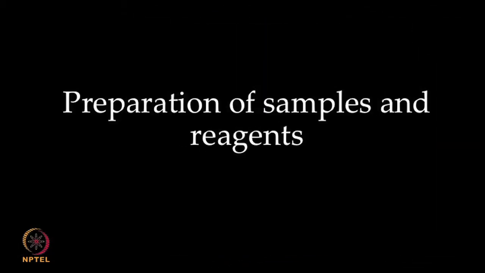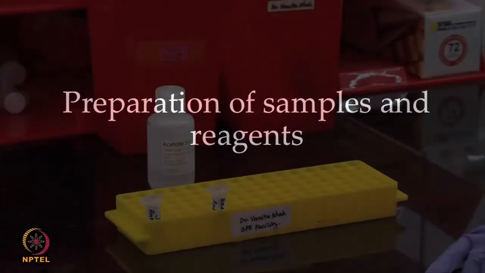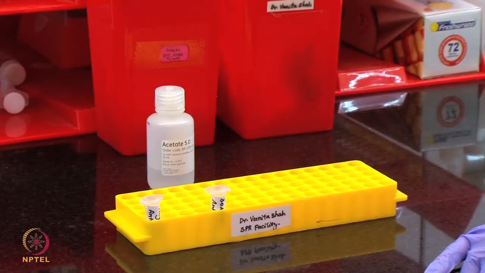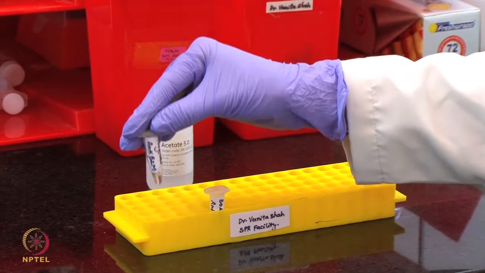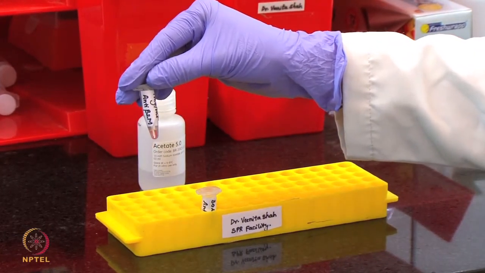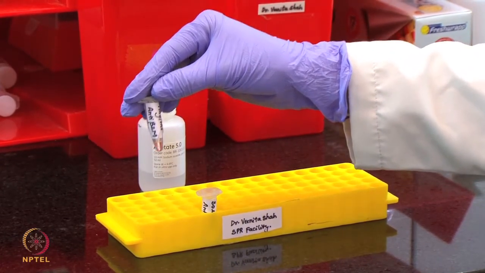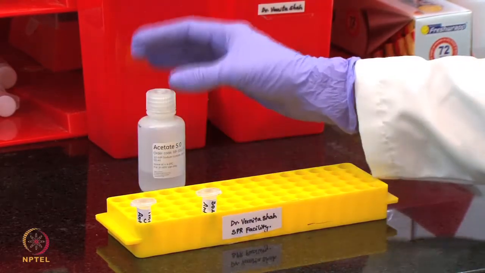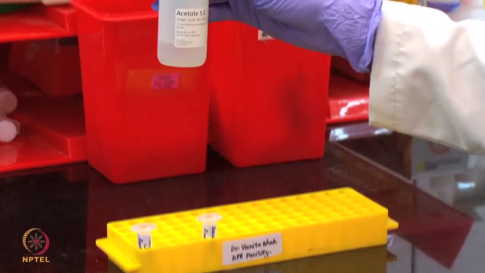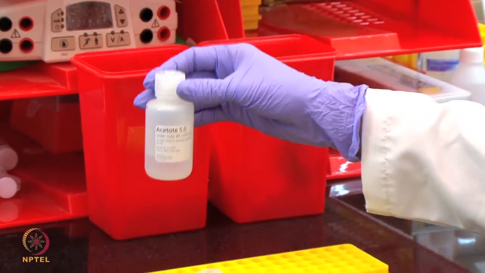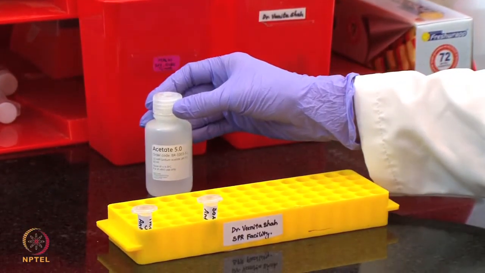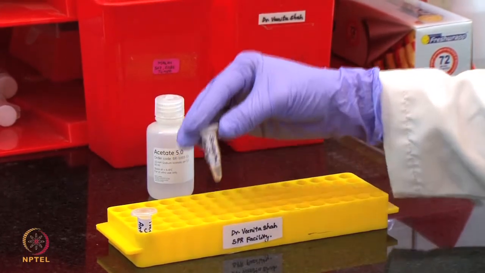We will now work on the reagents required for the immobilization of anti-beta-2 microglobulin on the sensor chip surface. We will first dilute the stock concentration of the antibody, which is 1 mg per ml of anti-beta-2 microglobulin in 10 millimolar sodium acetate pH 5 to make a working antibody solution of 30 micrograms per ml.